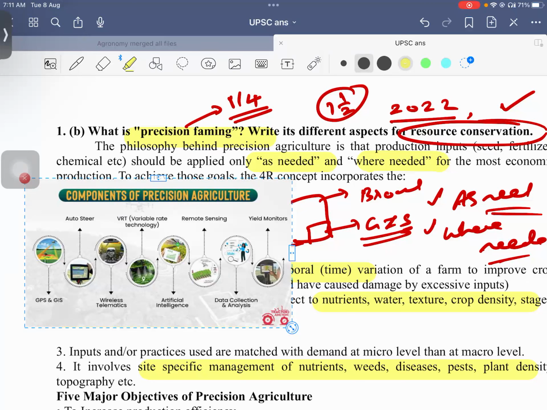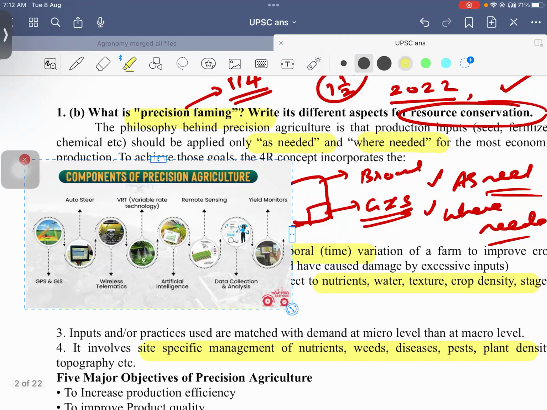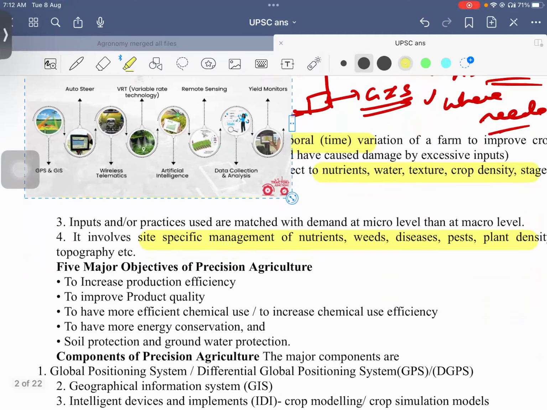Or if some fertilizers have to be put, then based on the recommendation for that soil in that particular area, that will be done. Variable rate technology is similar: based on the variability present, we apply inputs. Then artificial intelligence, remote sensing, data collection and analysis, yield monitor, all these come under precision farming.